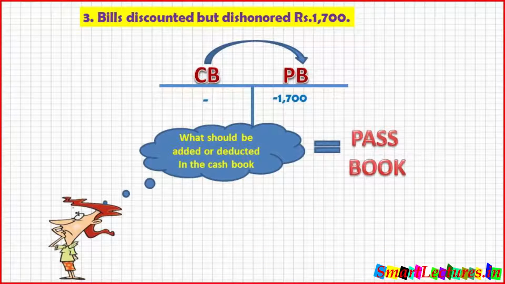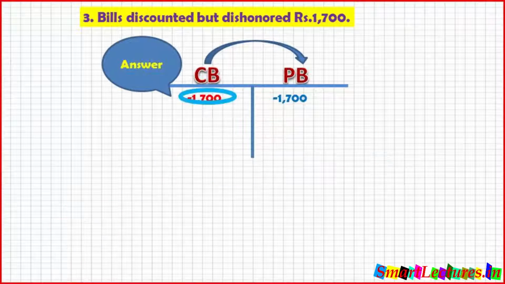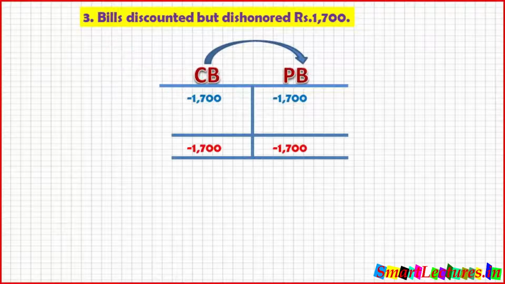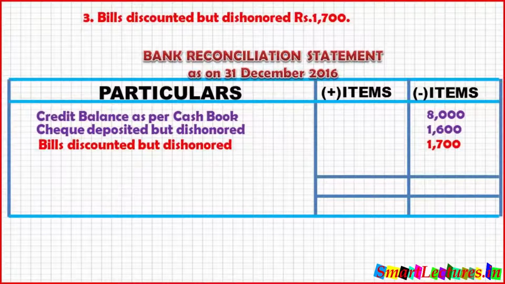So what should be added or deducted from the cash book so that the total on both sides can be minus 1,700? And the answer is 1,700. So this is our answer, minus 1,700. So come to the bank reconciliation statement. Bill discounted but dishonored 1,700 on minus side.